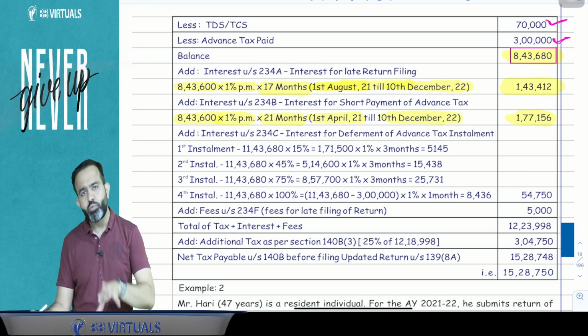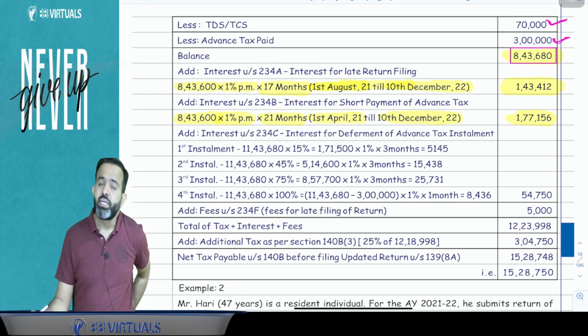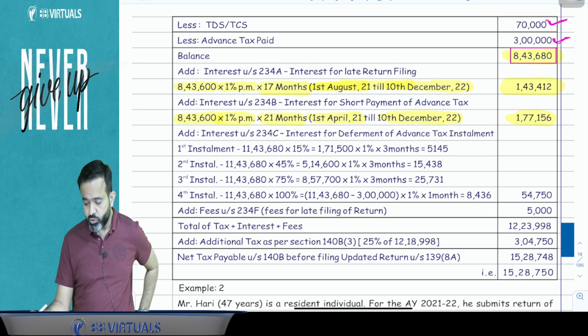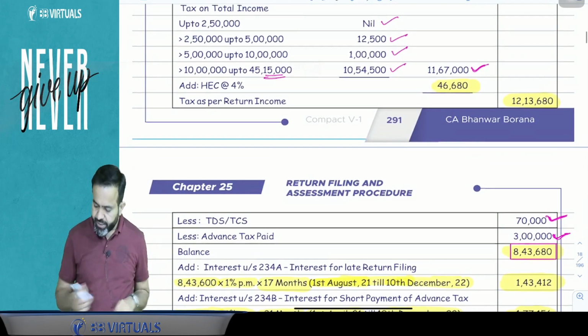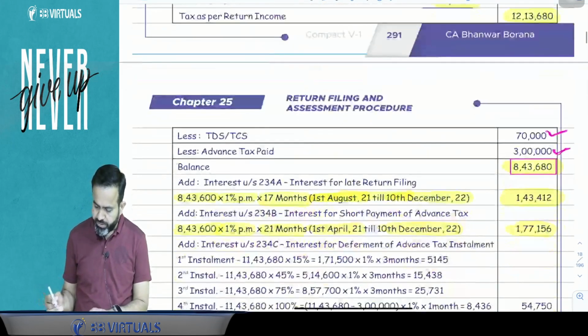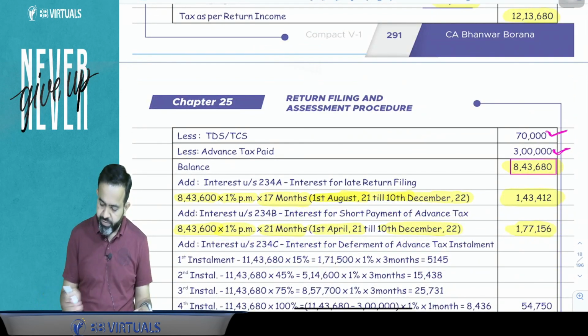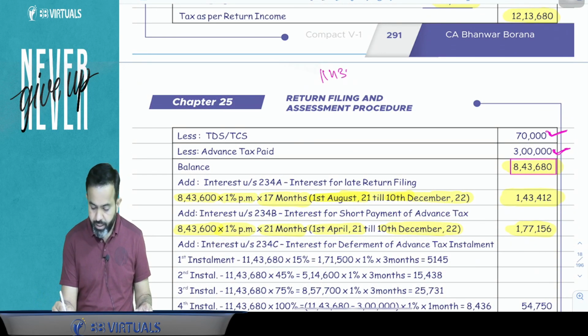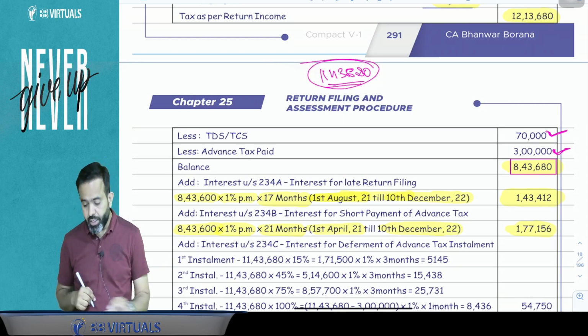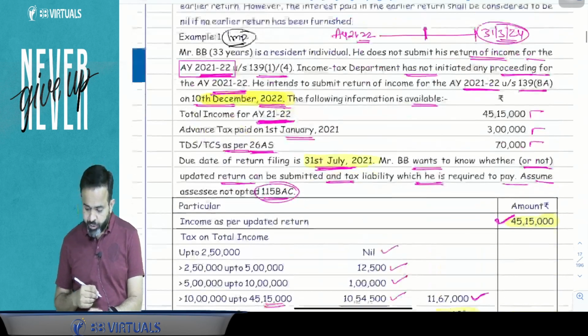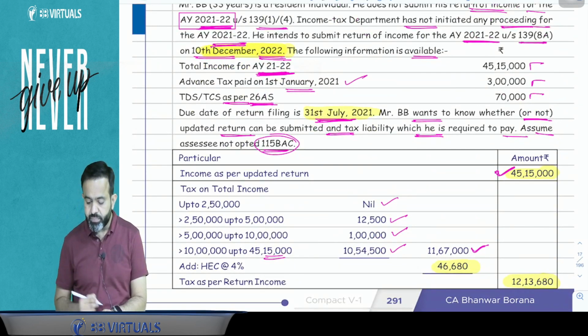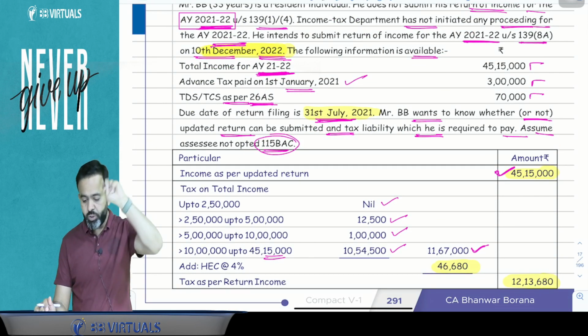Now 234C. So 234C is for the deferment of advance tax installment. Here your advance tax amount should be 11,43,680. This was the advance tax amount you should pay. But here you have paid advance tax only 3 lakh rupees, and guys, it was paid in January 2021.